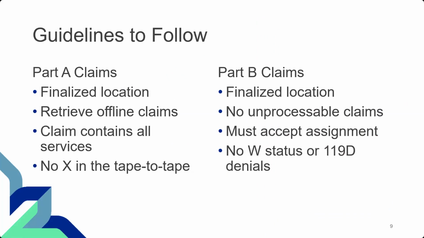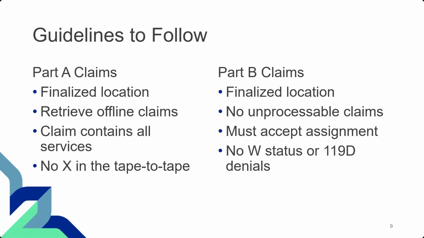Just a heads up, this does require a weekend cycle, so you'll want to keep that in mind when you're checking to see if a redetermination request can be submitted. The claim should contain all the services that were provided. And lastly, if your claim is rejected with an X in the tape to tape, you can resubmit your claim. Claims with an X in the tape to tape do not post to Common Working File, so submitting a new claim is the best action that can be taken in those situations.